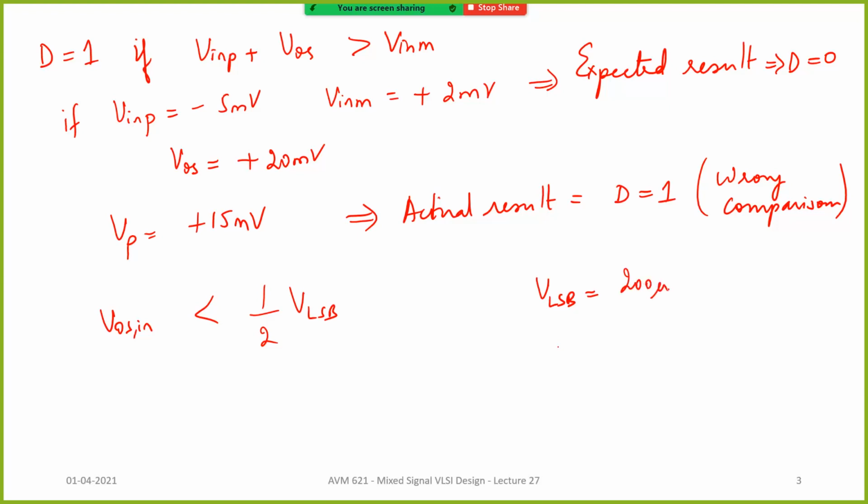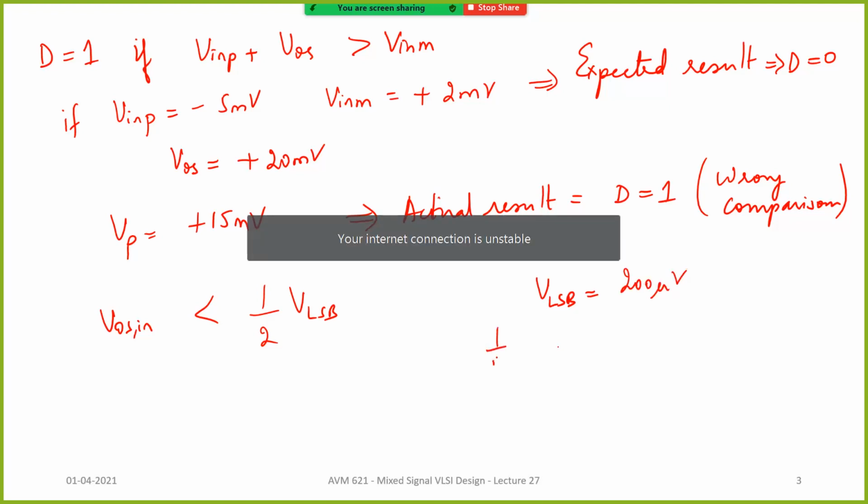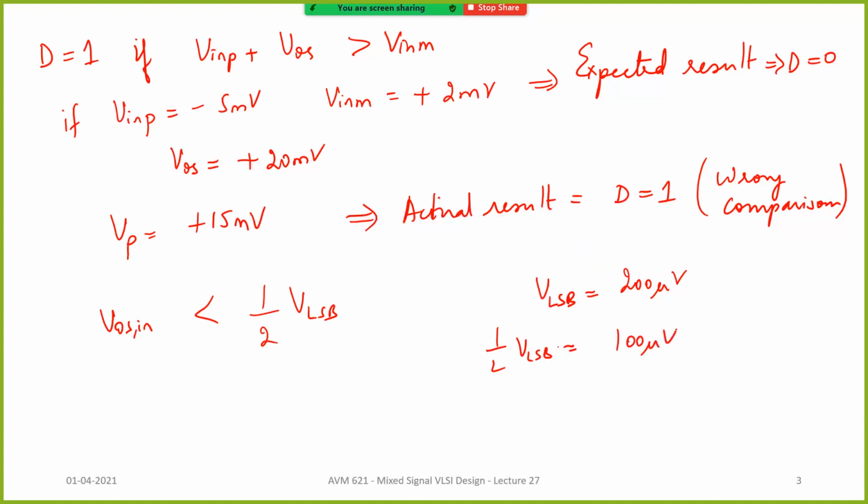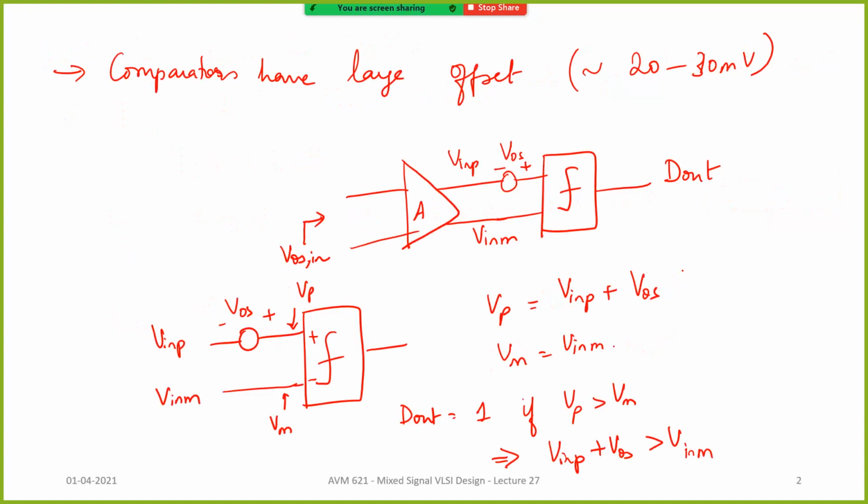So half VLSB is 100 microvolt, which means that you want the accuracy of your comparator to be less than half VLSB. Within that we should be able to successfully distinguish signals. So your input referred offset with this preamplifier is supposed to be less than that.